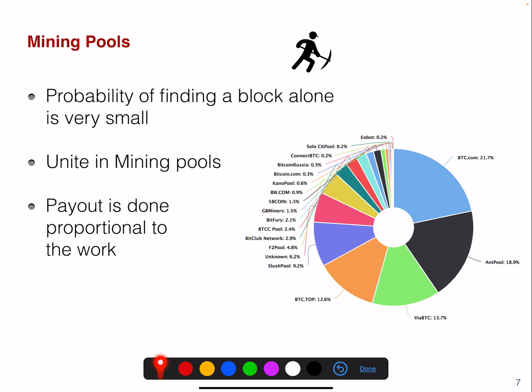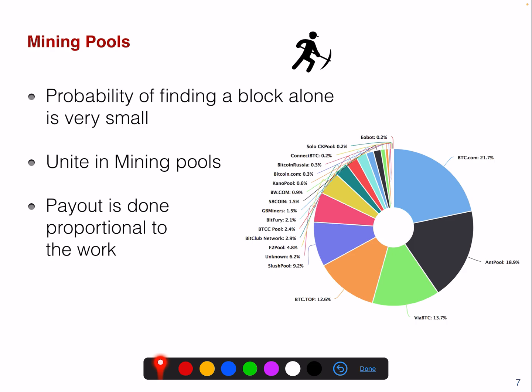So now, one of the interesting things about mining pools is that you're quite unlikely to win this game alone, because in Bitcoin, for instance, you only find a block every 10 minutes, and if there are like 100 miners, the likelihood for you to find the block is low. I mean, the variance in the payout for you is quite high.